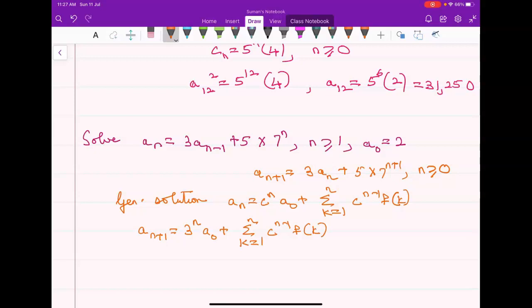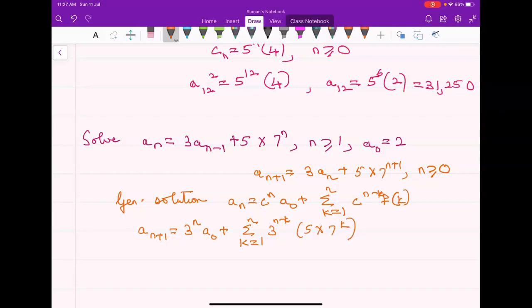And c is again 3, so it becomes 3 raised to n minus k, f(k). And f(k), what is f(k)? It is 5 into 7 raised to k. So it would be 5 into 7 raised to k.